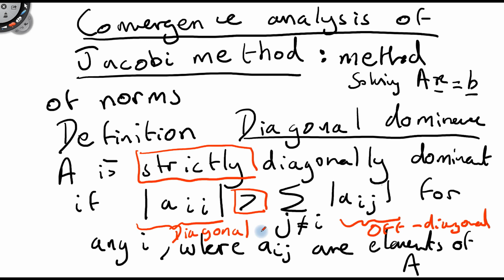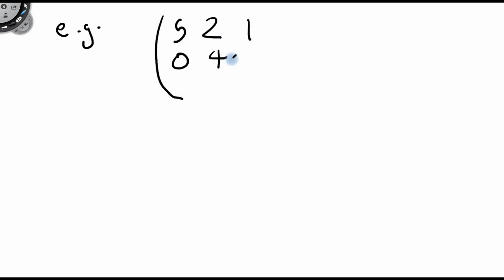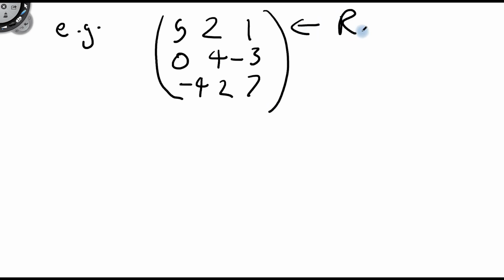So let's give an example of this diagonal dominance now. If we have a matrix 5, 2, 1, 0, 4, minus 3, minus 4, 2, 7. Let's just look at row 1.